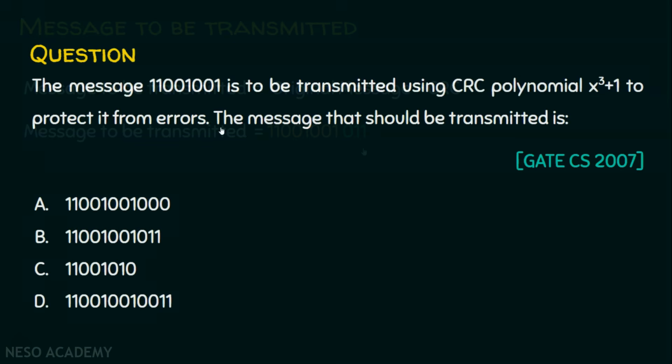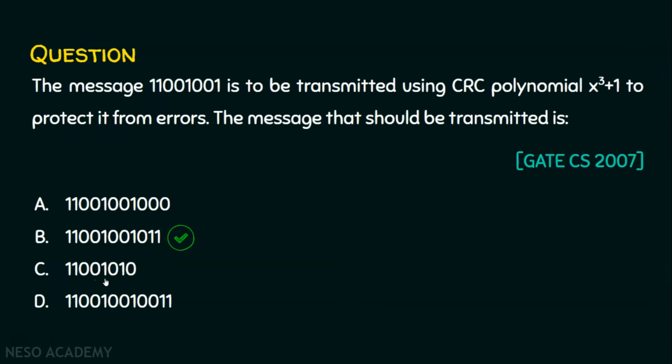Let's revisit the question. In the question, we are required to find out the message that should be transmitted, and we know the answer is option B, which is 1 1 0 0 1 0 0 1 0 1 1. In case you don't find time and you want to scrutinize these options, I'll give you a shortcut. If you observe option C, this C is obviously invalid. Why?